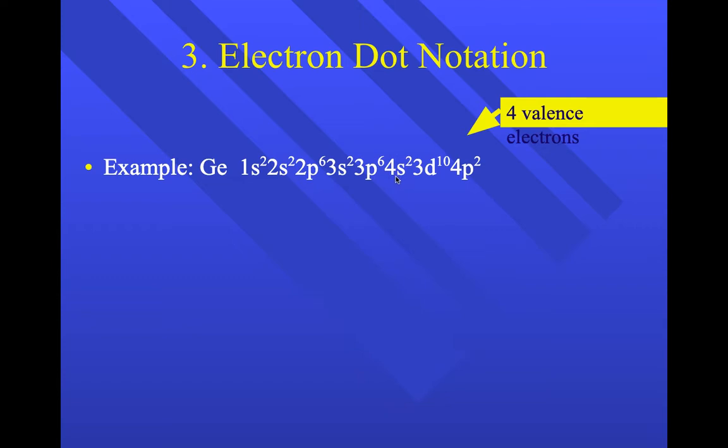Here is the 4th energy level and the 4th energy level here. So these 2 electrons in the p suborbital and these 2 electrons in the s suborbital are the valence electrons. Those are the 4 electrons involved in bonding for germanium, not these 3d electrons that are 10. So those 2 electrons in the 4s and the 2 electrons in the 4p are the valence electrons.